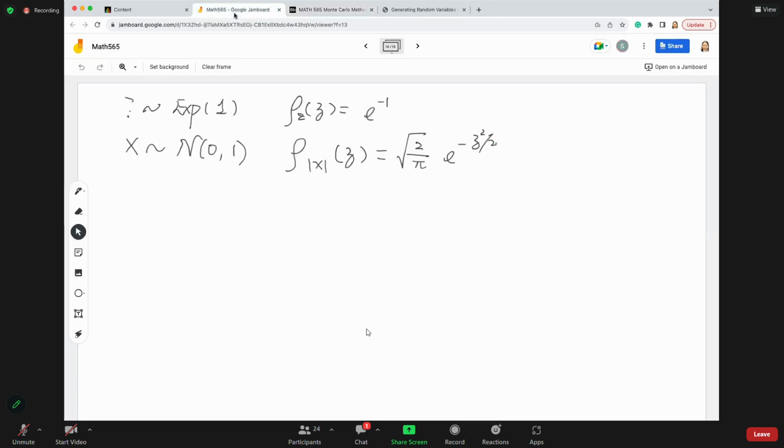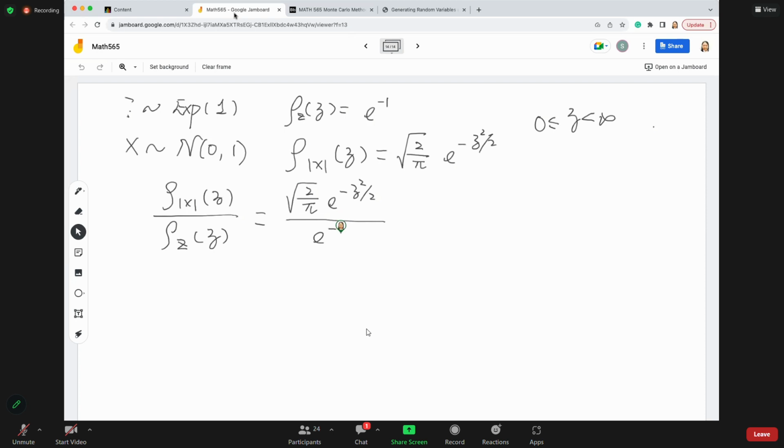Of course here all the z is from 0 to infinity.